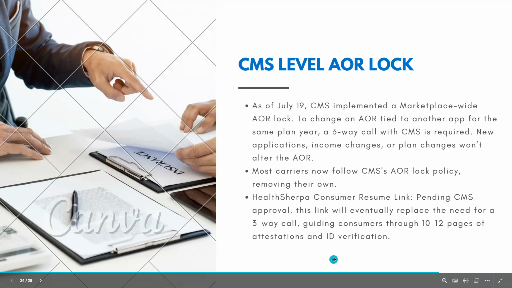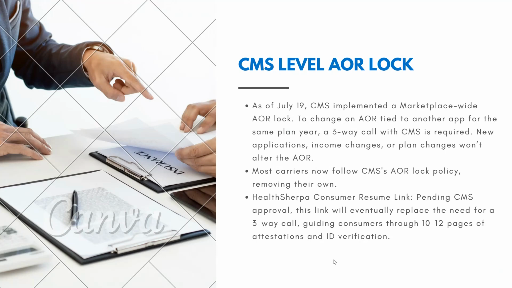So that's the only way that you're going to be able to change the agent of record on an application. So it is going to take a little extra time this year, but hopefully with the resume link, that's going to make things a lot easier, and not having to do that three-way call, because that's going to be a lot more time that you're going to be putting into that rather than working with your clients.